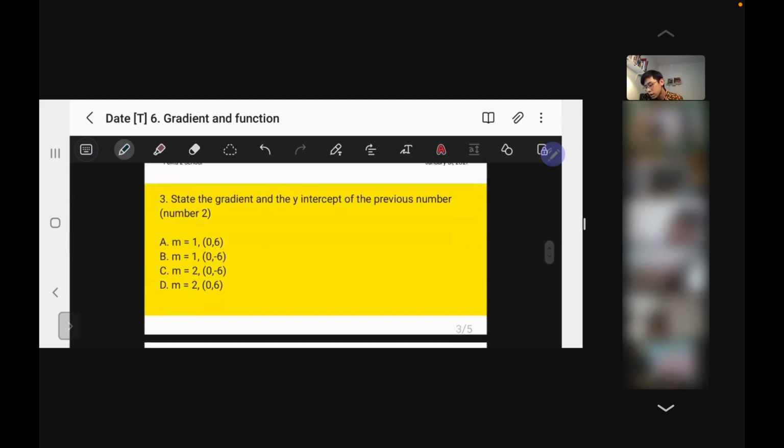State the gradient and the y-intercept of the previous number. So number 2.